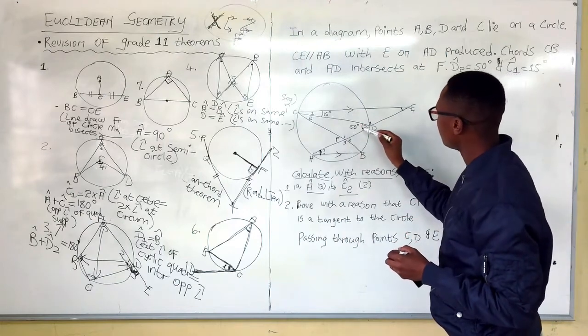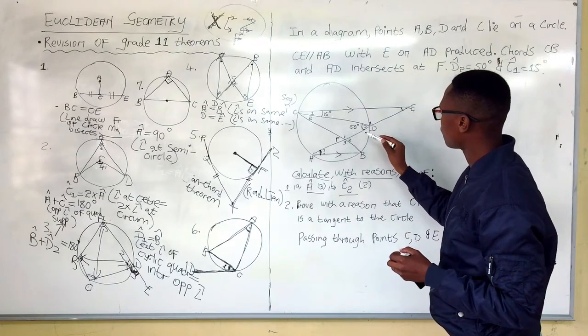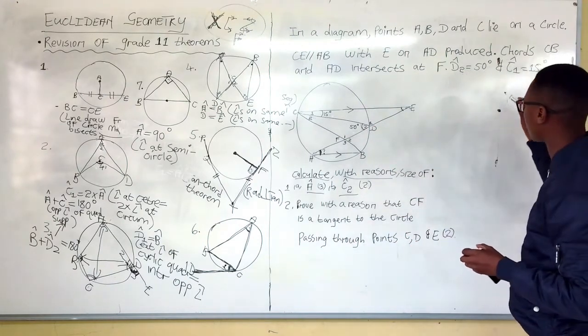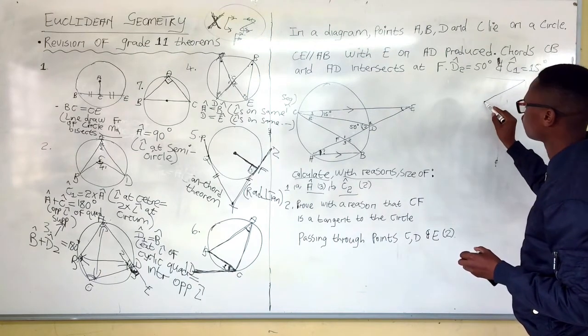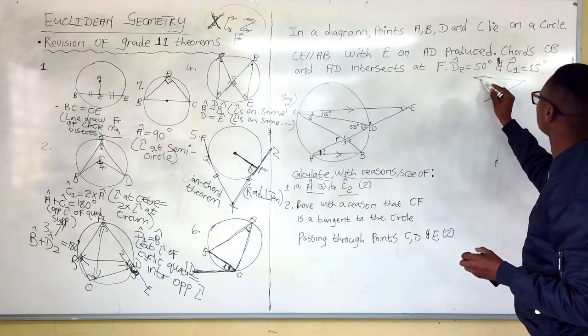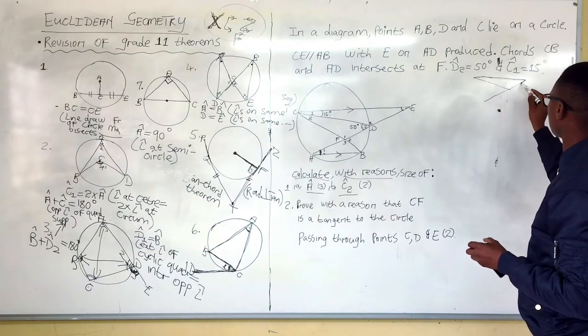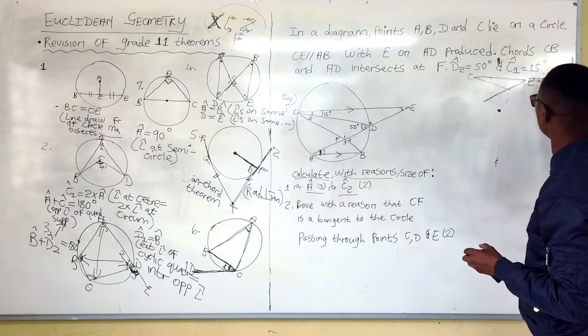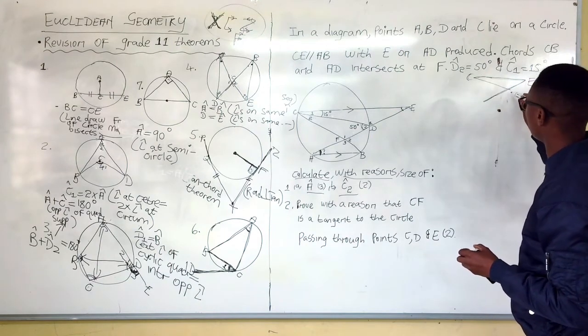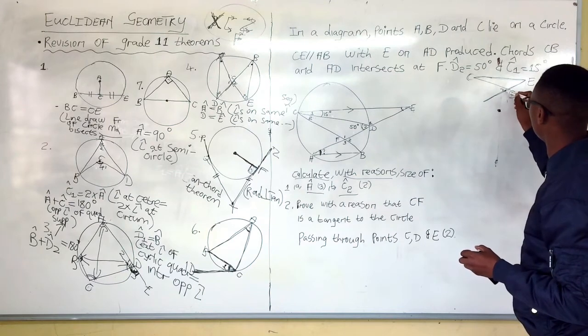Let me just try to draw it separately. The triangle I'm talking about is C, E, and then we have D2 and D1.